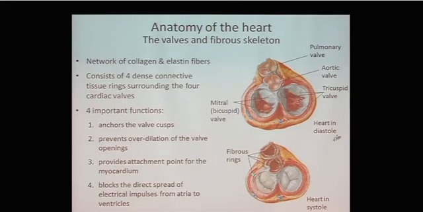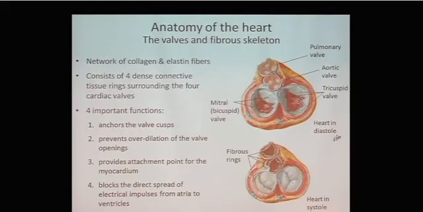There are fibrous rings surrounding each of the valves to give it structure, right? You have to have a firm sort of fibrous structure for the valves to attach to so that they can maintain their shape. So that's one of the functions of this fibrous skeleton of the heart. So most of the heart is really muscular tissue, but there is some connective tissue that helps to give it shape.